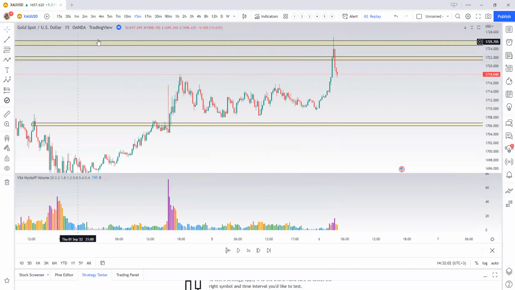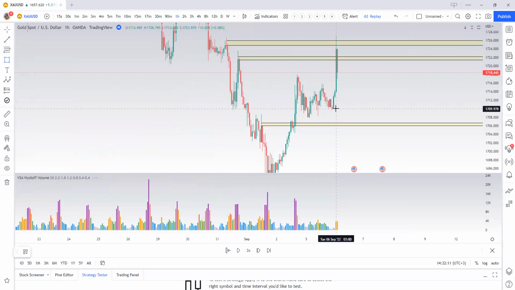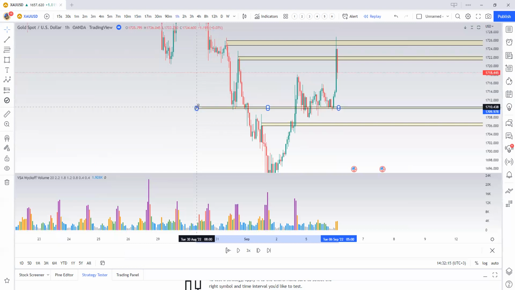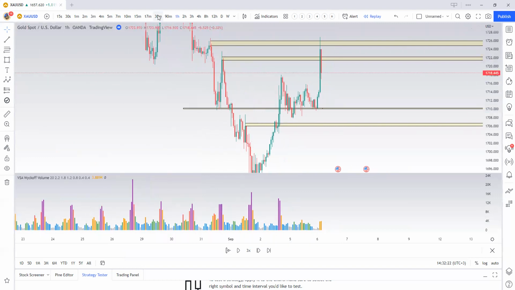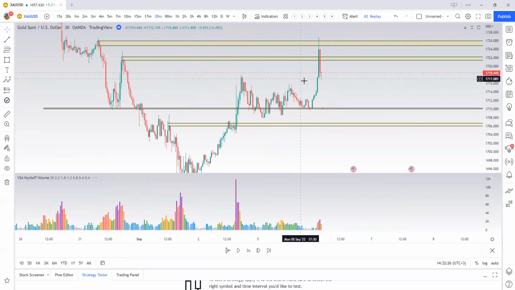So what we need to do right now is basically go back into the hourly. As you can see right here, we have this level of support, as we showed you guys. This level of support can be a potential target. Let's look into the 30 minutes. There is no support.